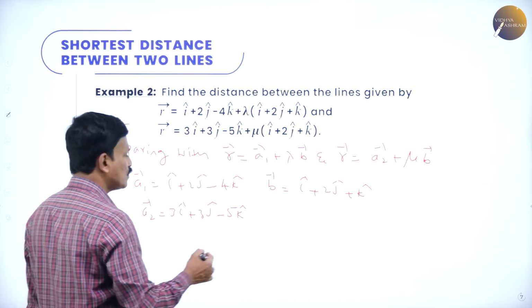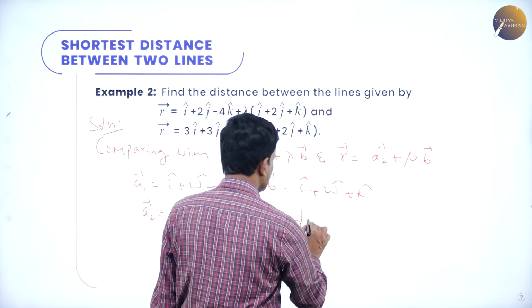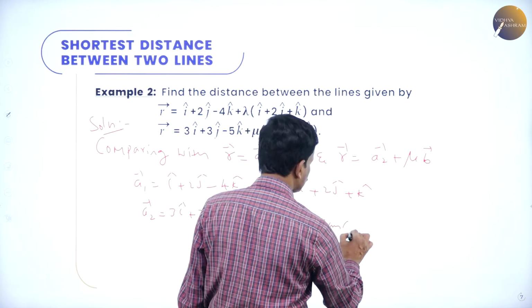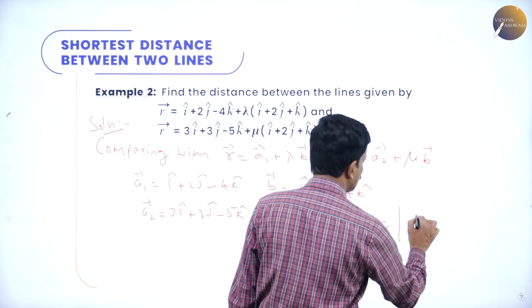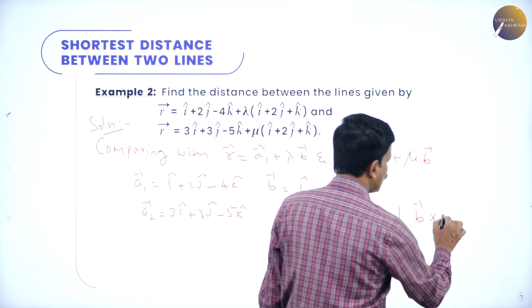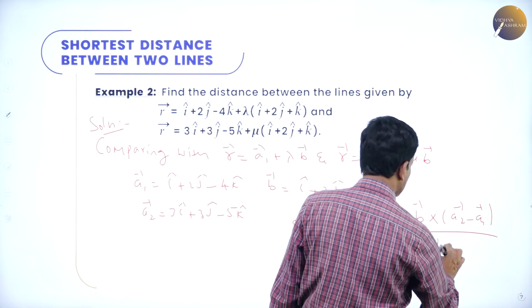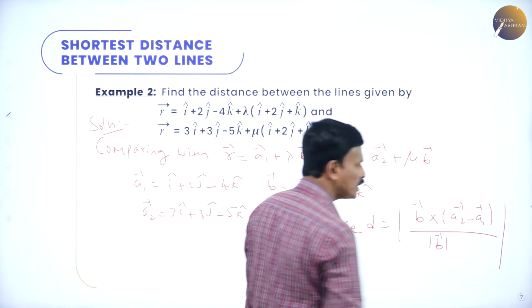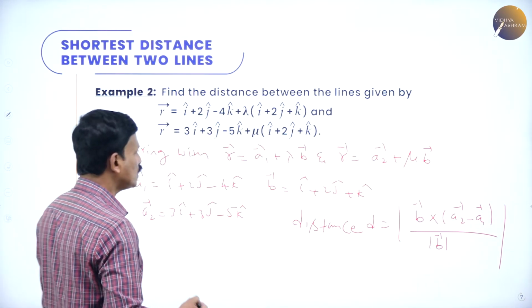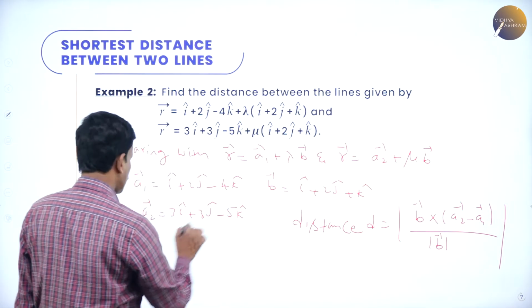Now find out what is the formula. Therefore the distance D is equal to length of B cross vector A2 minus A1 divided by length of vector B. Now find out the value of A2 minus A1 vector.